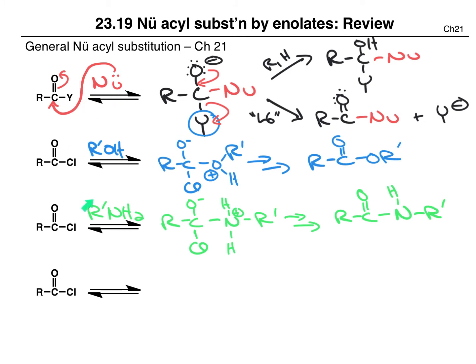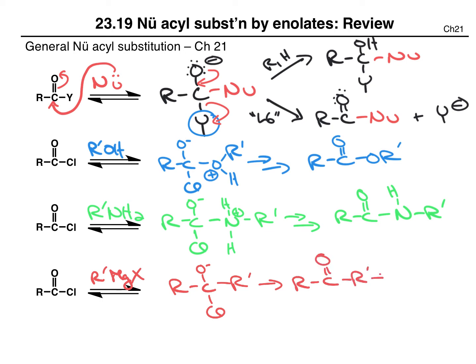Right, so there's a number of different nucleophiles that can react. One more example that we've seen is that we can react an acid chloride or an ester with a Grignard reagent. So here we have an intermediate that looks something like this, and then this leads to another intermediate that looks like this, and a second addition will happen so that we end up with this product.